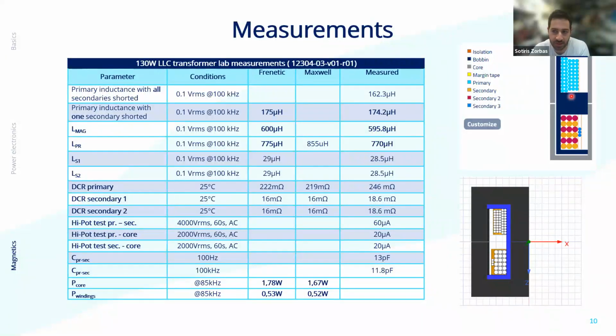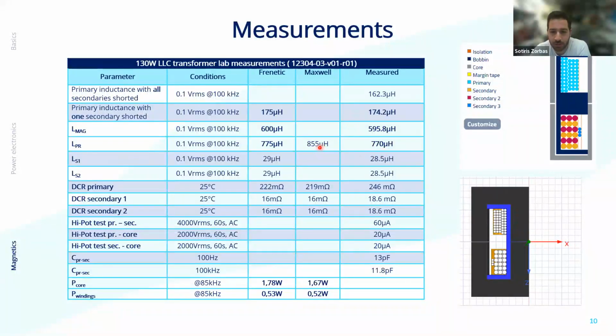So there is a significant gap here, and this is pretty accurate. Again, for the magnetizing inductance, we wanted something around 600 microhenries. We got 596. That is pretty okay. And the sum of those is the primary inductance at 770.